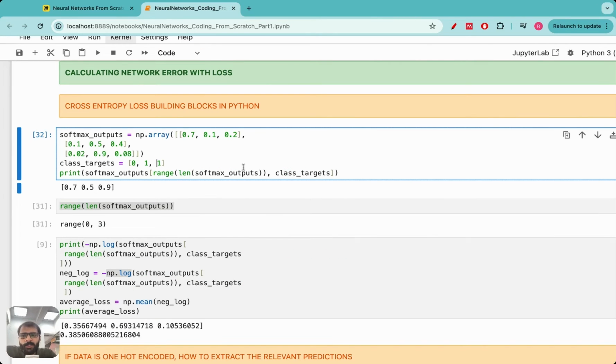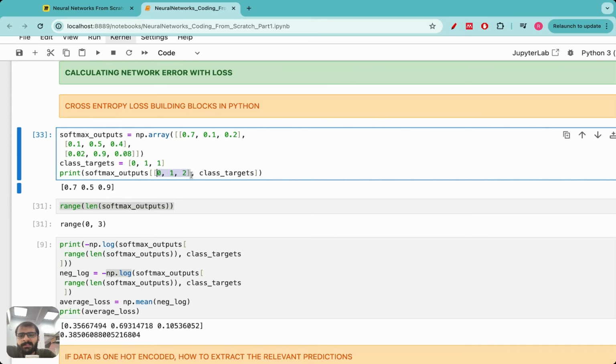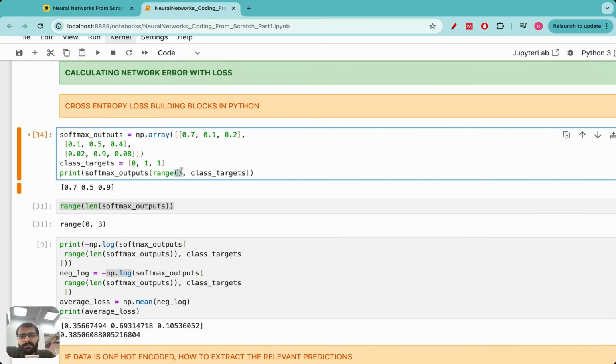So one thing I wanted to show you is that earlier I had written this as 0, 1 and 2, right? This can also be written as range of 3, and it leads to the same answer.